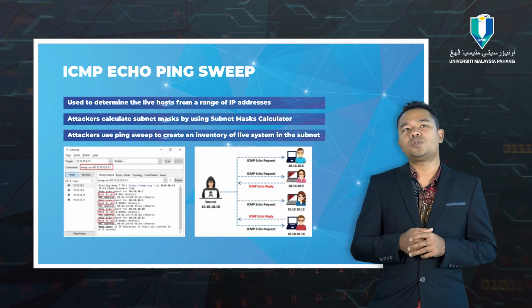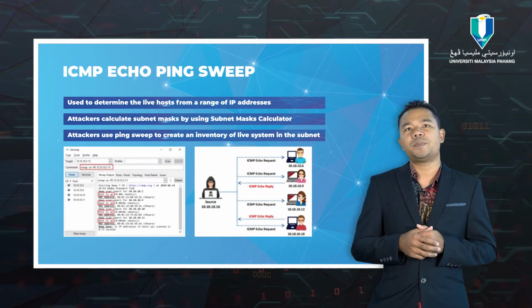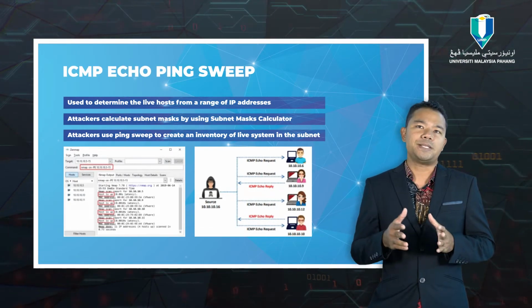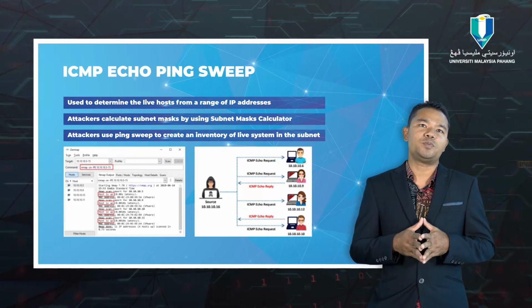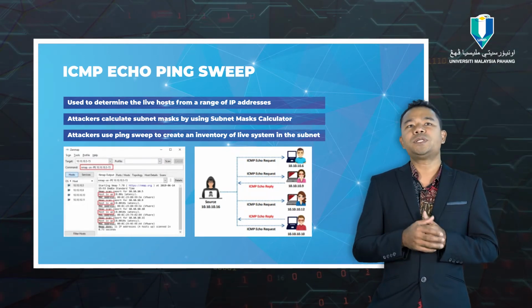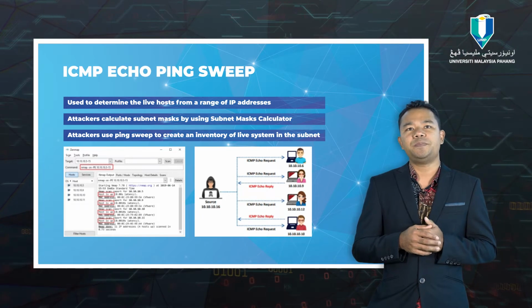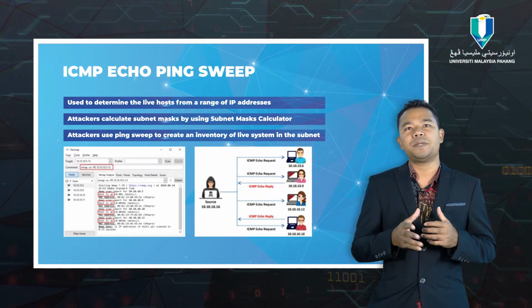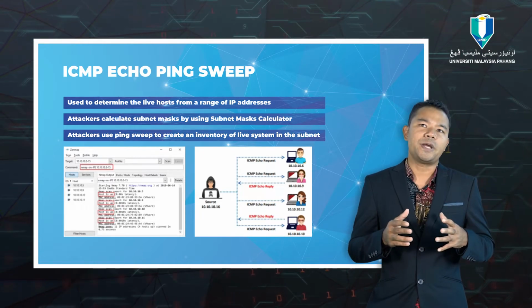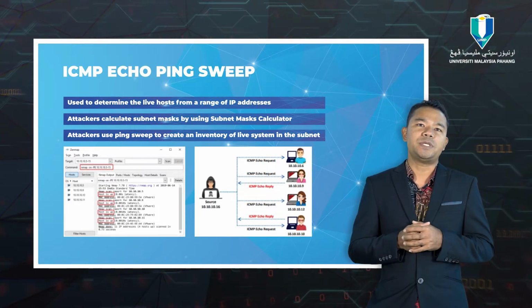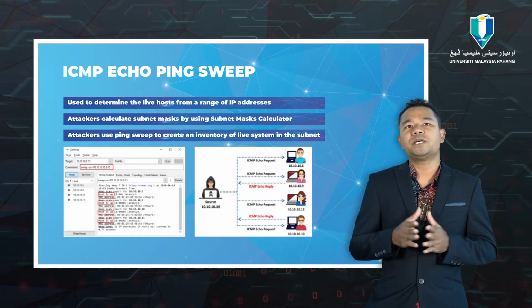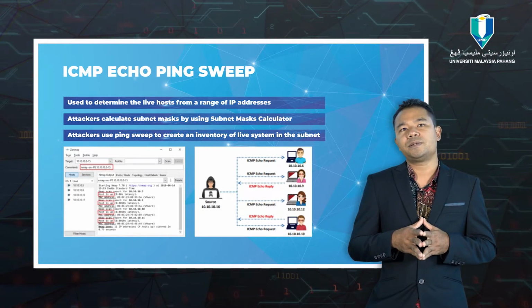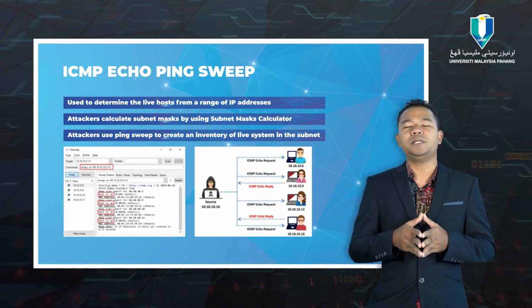Ping sweep is used to determine the live hosts from a range of IP addresses by sending ICMP echo requests to multiple hosts. If a host is alive, it will return an ICMP echo reply. The attacker calculates the subnet mask using a subnet mask calculator to identify the number of hosts present in the subnet. The attacker subsequently uses ping sweep to create an inventory of live systems in the subnet.